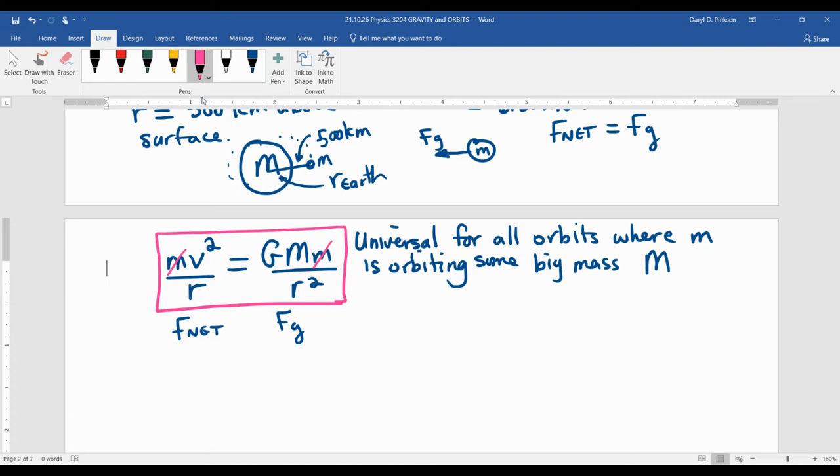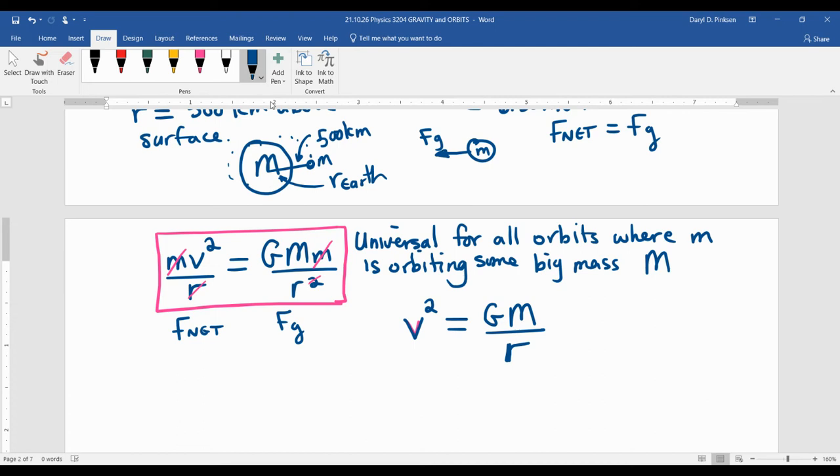You can also see here that there's an r here, and we can cancel one of those r's out. And let's see what we got left. Over on this side, we only have the v squared left. Over on this side, we have a G, the big M, which is the mass of the Earth or whatever is being orbited, all over r.